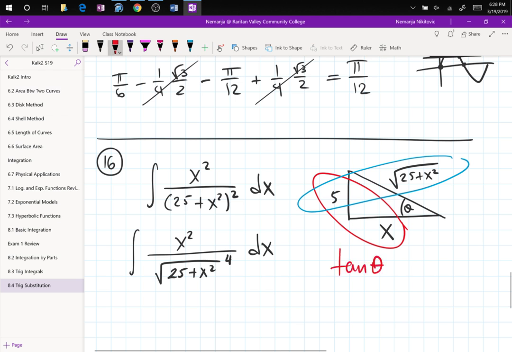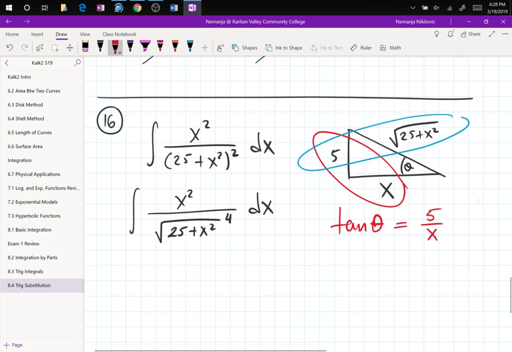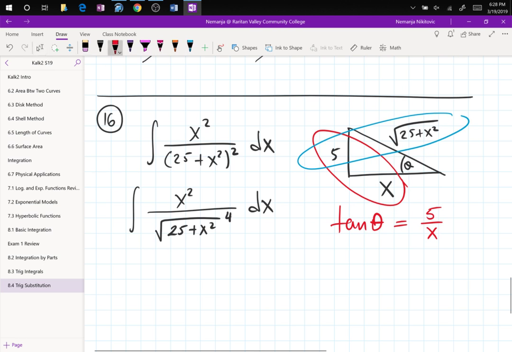I have a tangent over here. Tangent theta is equal to opposite over adjacent. Now, if you solve for x, x becomes 5 over tangent theta.